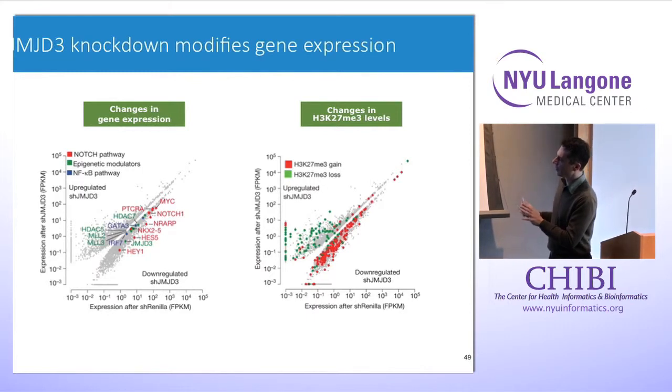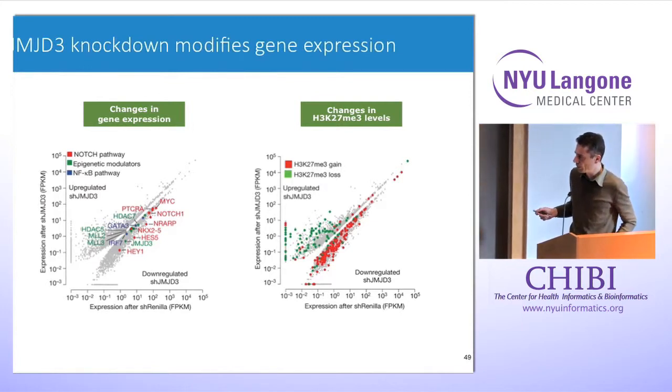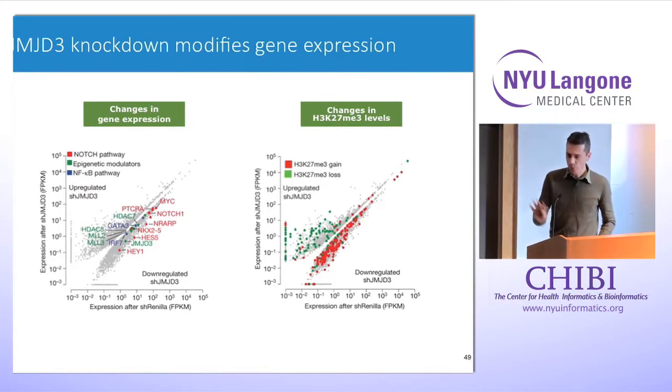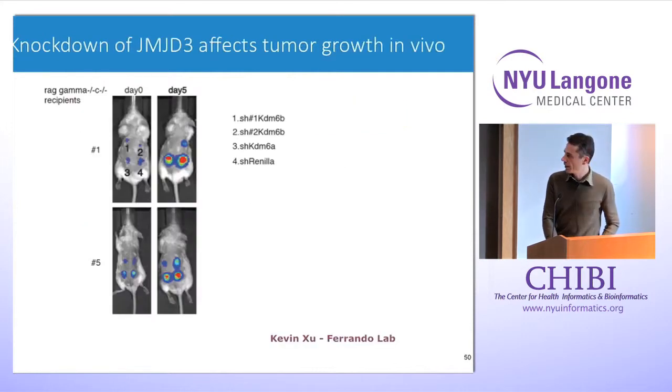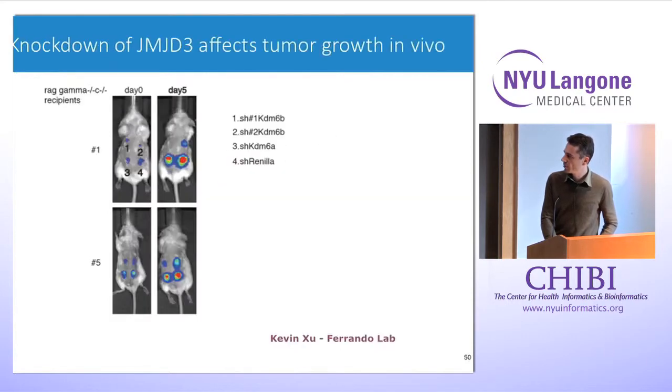So I think we're pretty good, because we showed downregulation of key genes, that's because of K27 increase, and we know that we affected Jumanji. And of course, when you knock down UTX, we showed before that the cells don't die, so we don't expect any differences. Then again, in vivo, work done by Kevin Hu, Ferrando Lab.